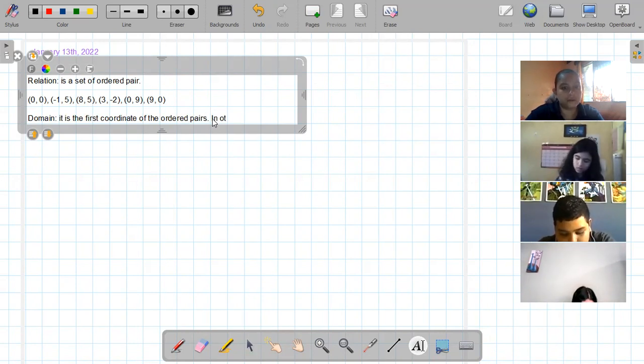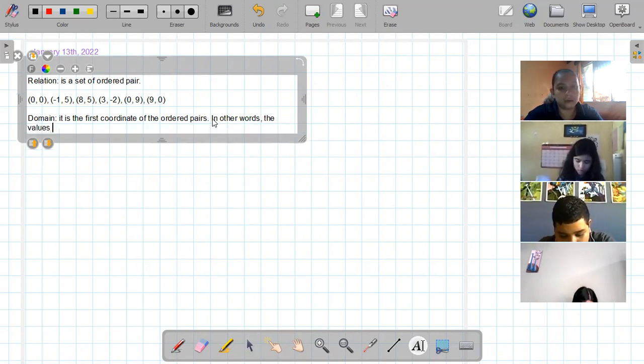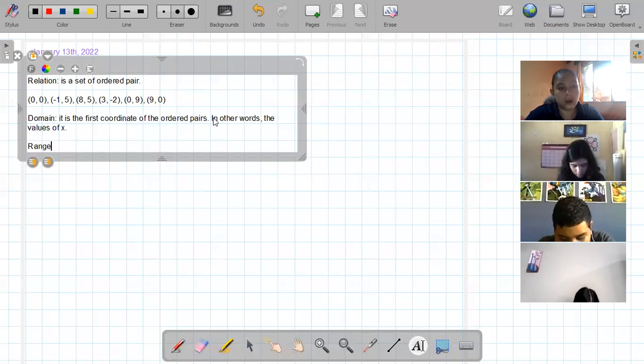In other words, the values of x. Okay, remember that we got x, y in an ordered pair. So in this case, it's the values of x. Range, that would be the second one. Okay, it is the second coordinate of the ordered pairs.